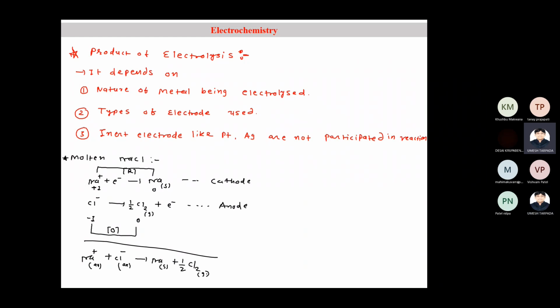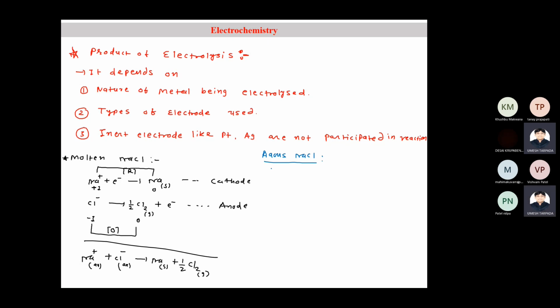But if instead of molten NaCl you have aqueous NaCl, then what happens? An aqueous solution means it is dilute, with more water. So definitely it has three products.